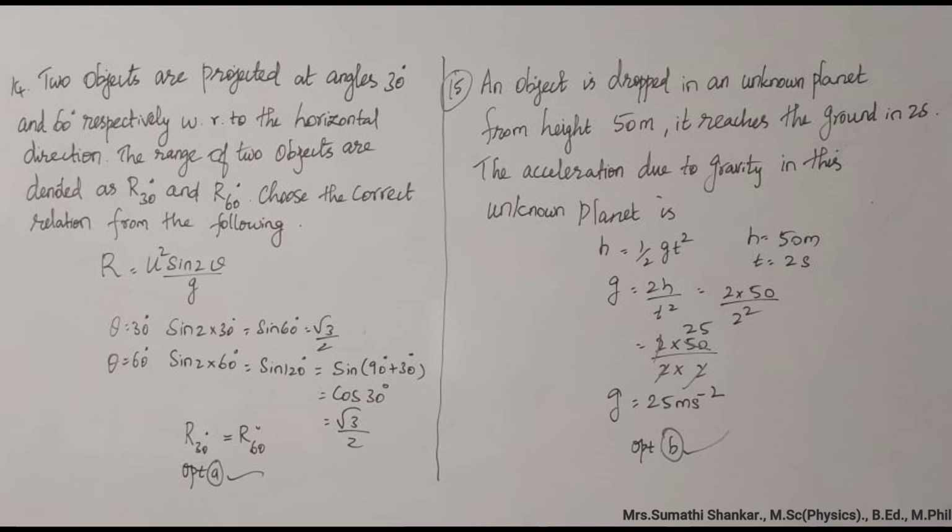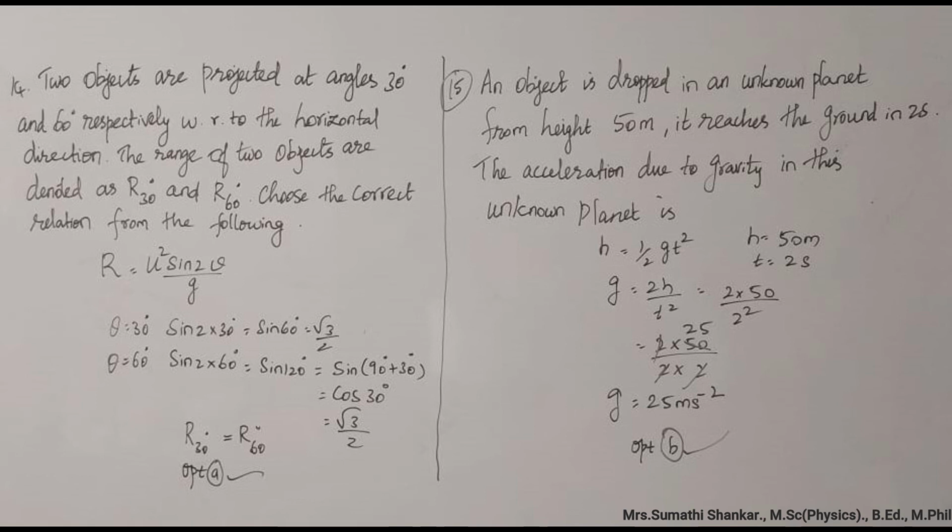Here the angles are different. You need not worry about the u squared by g term. Just take the angle term alone. So sine 2 theta, instead of theta, first you substitute 30 degree. Sine 2 into 30 degree is sine 60 degree, which is root 3 by 2.